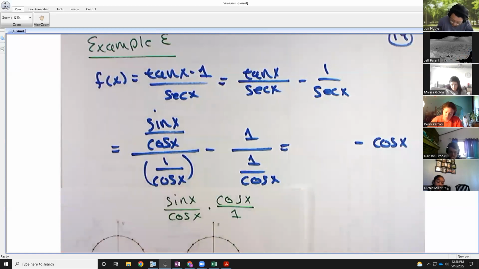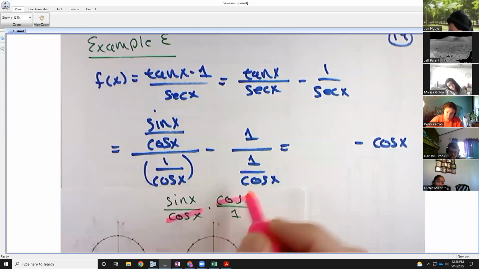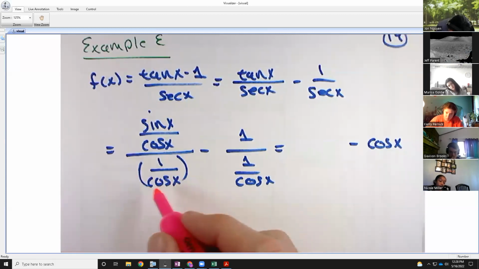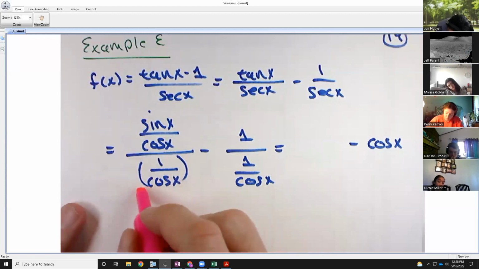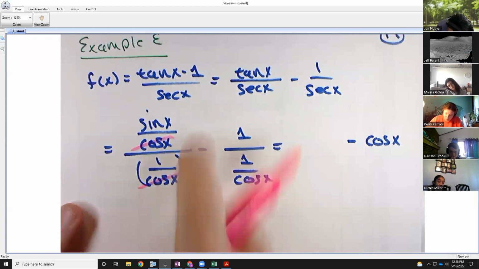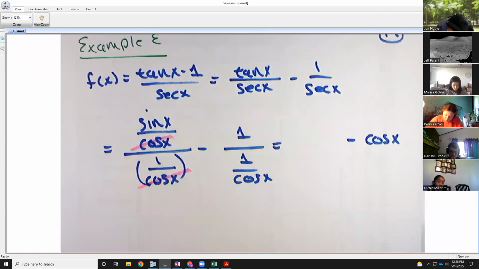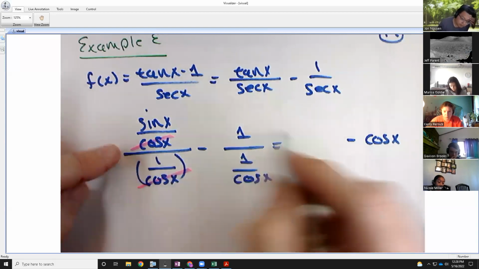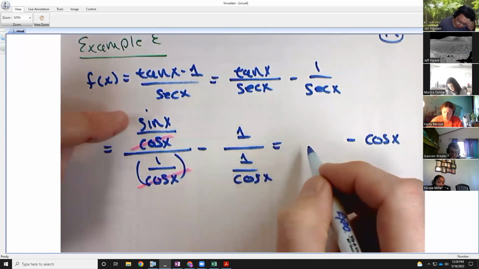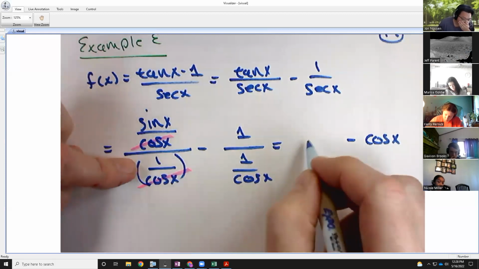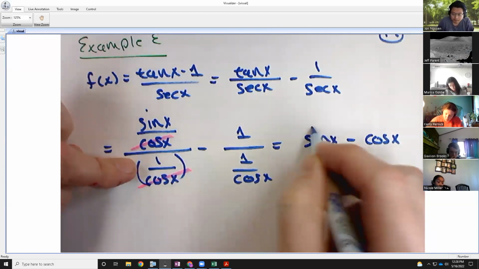Now, in both cases, you're getting some cancellation. In this kind of situation, if you see the denominators are the same, they just cancel right there. So what's that leaving me with? It leaves me with sine of x over 1, or how about just sine of x?